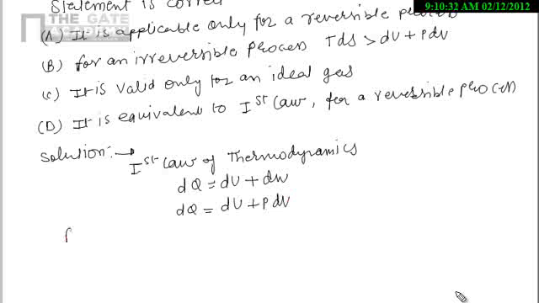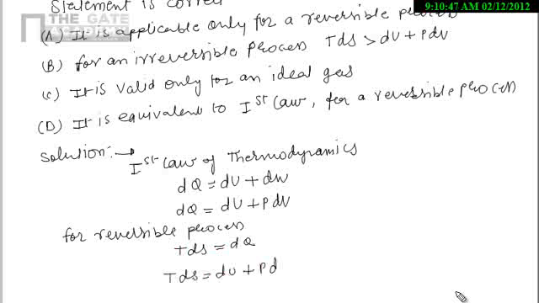And for a reversible process, I can write TdS equals del Q. So I will get TdS equals del U plus PdV. Such an expression is applicable for a reversible process, but it's the equivalent of the first law.